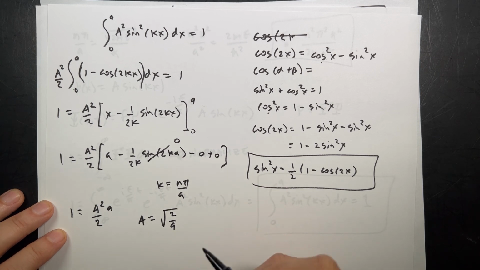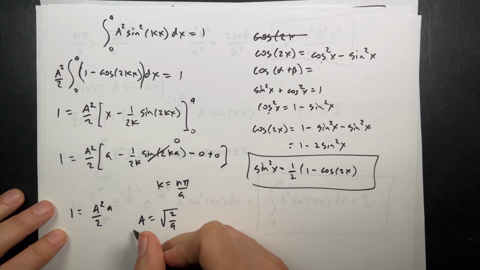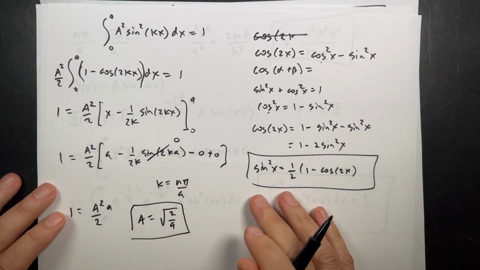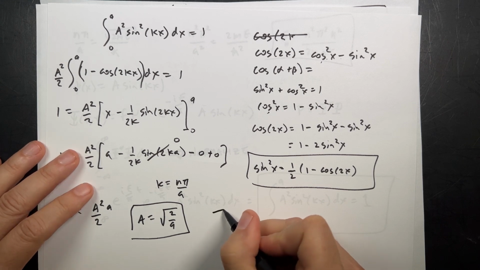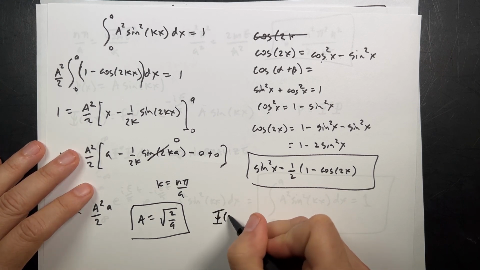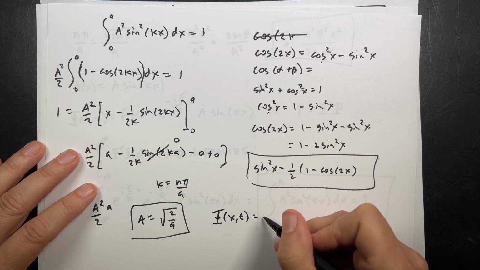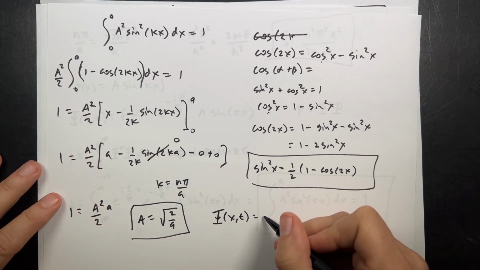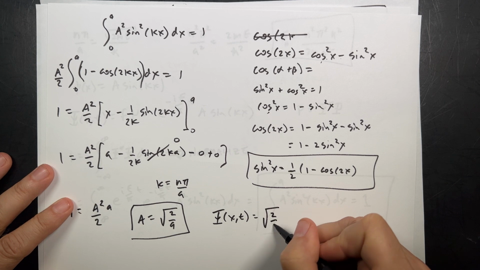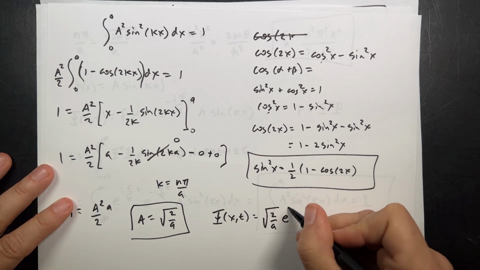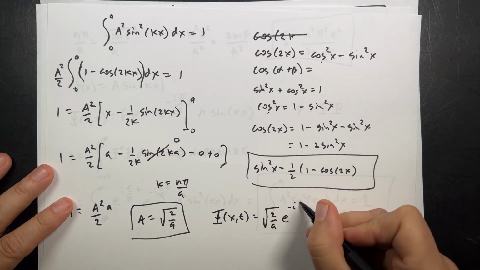Is that right? Yeah. Yay, I got it. So if I put the whole thing together now, I have psi of x and t is going to be equal to, well, let's put the A up front, the square root of 2 over a, e to the minus i.